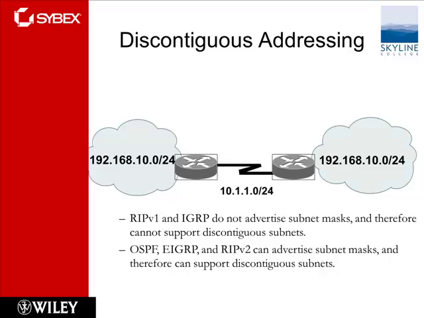We could do that because all of the 192.168.10s would go here. The router would then know where to send them once it gets there. The issue's not subnetting with these protocols.